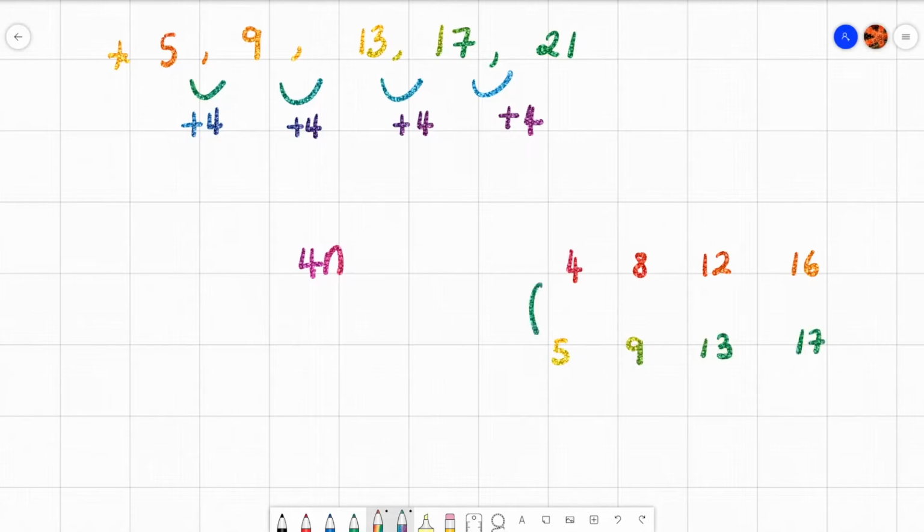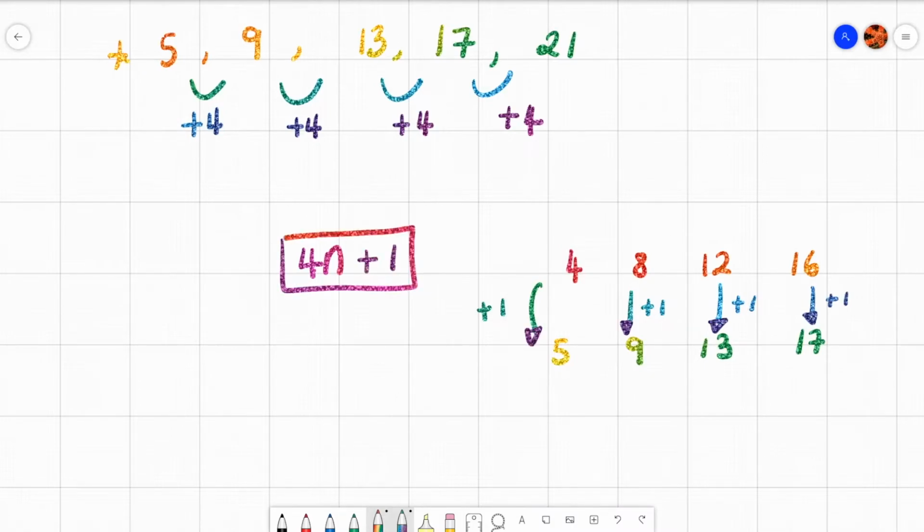And we can see here, we are adding 1, adding 1, adding 1, and adding 1. Okay, so it's the 4 times table, add 1. Maybe that is a better way of doing it if you want to write it like this, or you can do it the way that I did before.